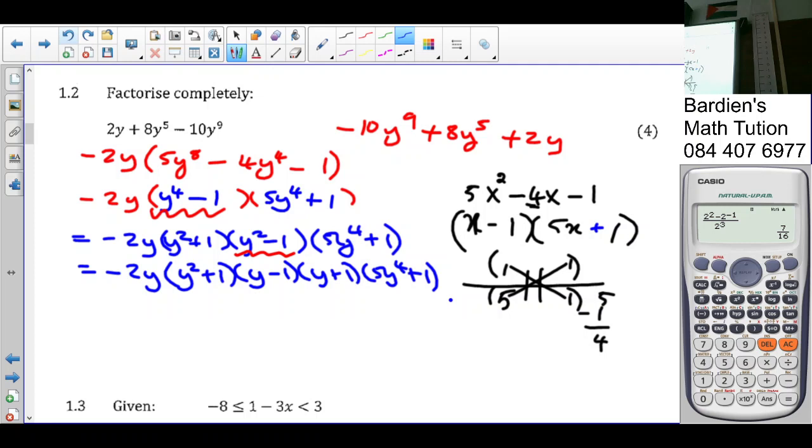How many of you got this right on your own? Did you guys do that one? You did? If it's like that, do you think you're going to get 4 marks? Or for the second step, you would have gotten 2 marks.